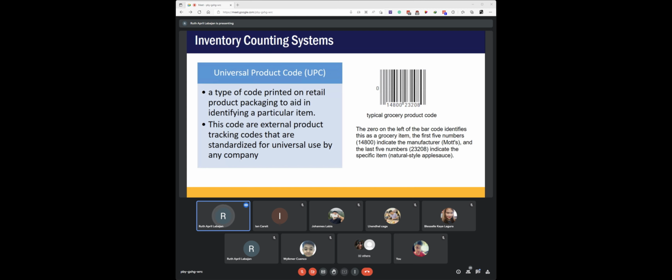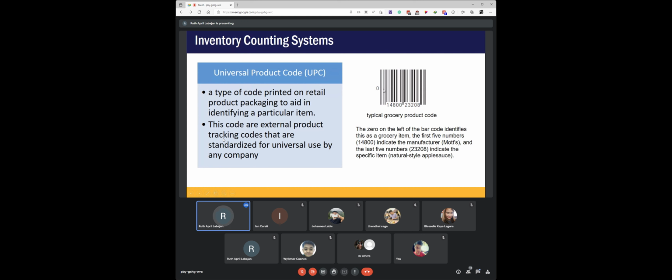So kung ma-release na from the manufacturer, let's say applesauce, and i-distribute na siya to various warehouses, various retail stores, the manufacturer itself will be able to know kung asa napadulong ang iyahang mga produkto. That's why, for instance here, atong istoryahan.